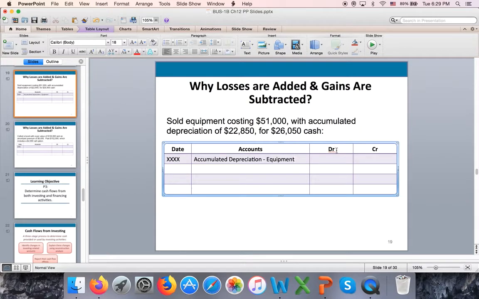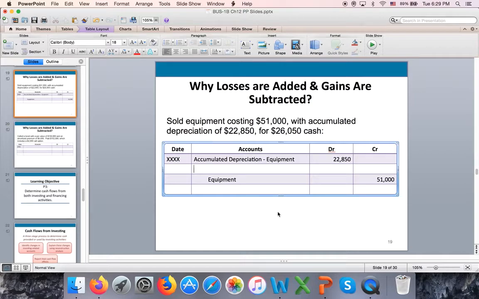Since I'm getting rid of this equipment, I'm going to debit the accumulated depreciation account to make it 0. And guys, equipment I'm going to credit because it has a normal debit balance. So when I credit it, it becomes 0.